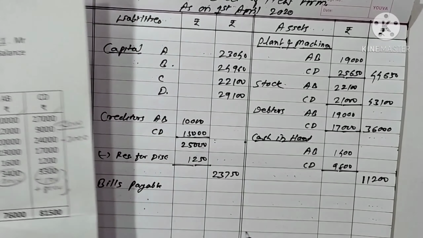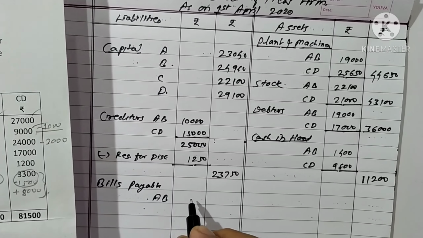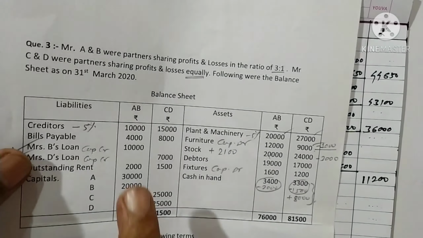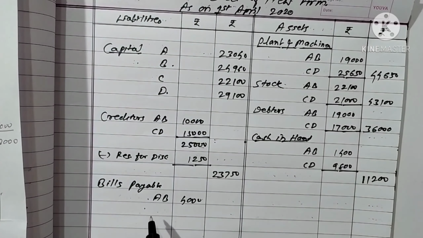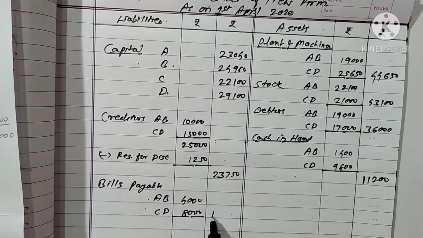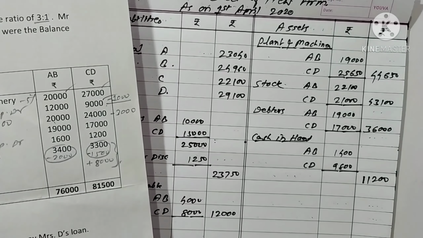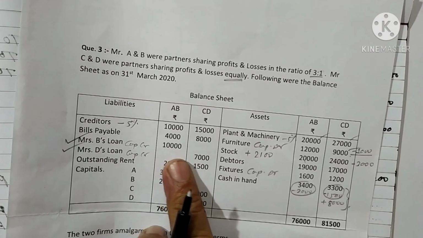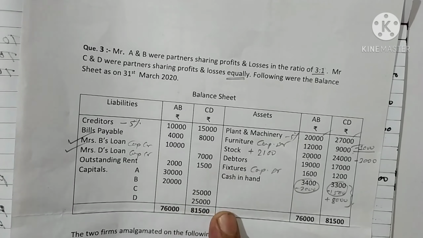Rupees AB firm 4,000 and CD firm rupees 8,000. Totals 12,000. Now see, loan transferred to partners capital, outstanding rent paid out. Okay.